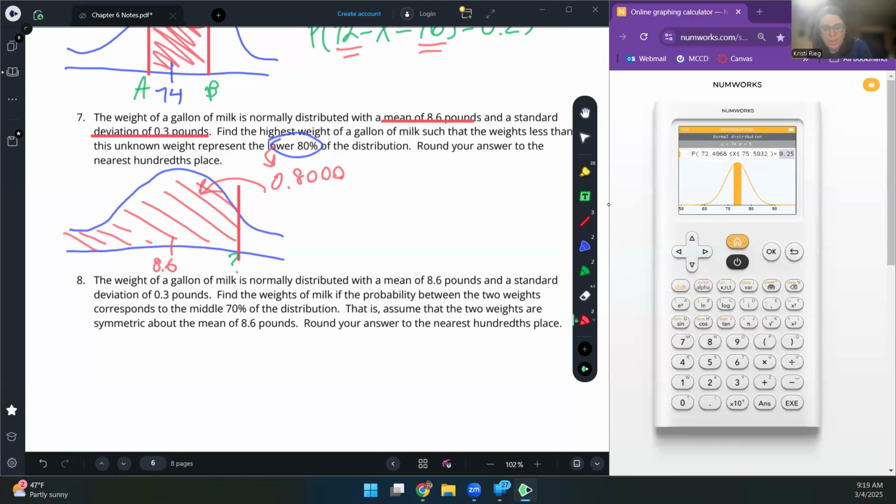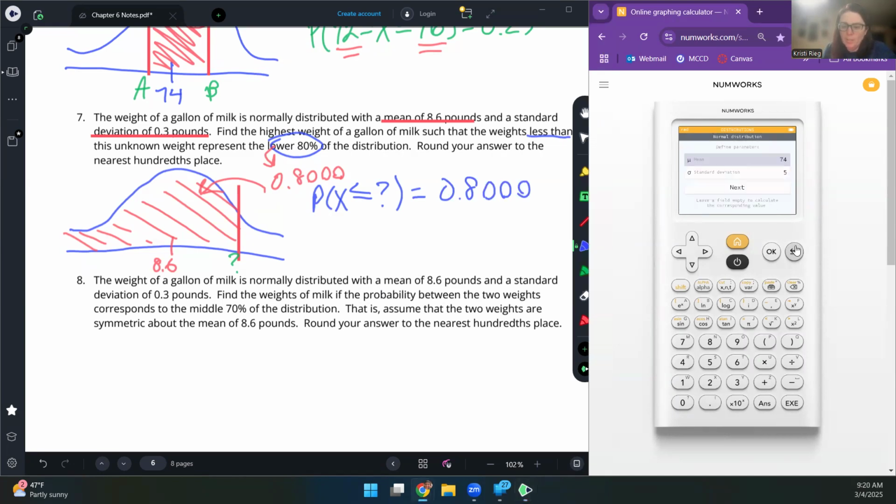So I'm going to write out the probability that X is, now this is drawn to the left, so we want less than, and it also tells us less than. Whatever we're looking for is 80% or 0.800. Going to the calculator, the mean is 8.6.